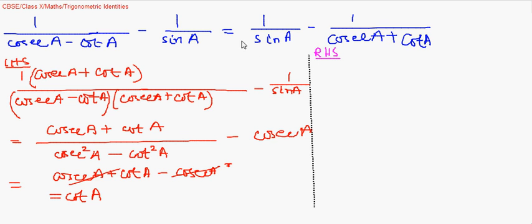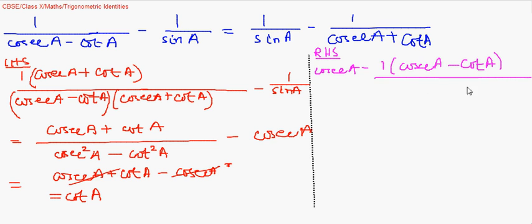So this is converted to cosec A, and here I will similarly be getting 1 into cosec A minus cot A. I told you how and why in the previous part as well.